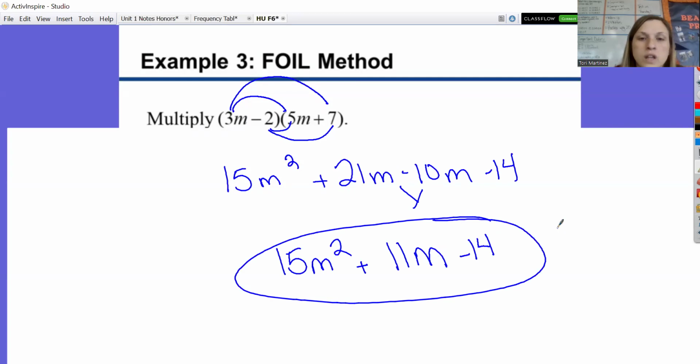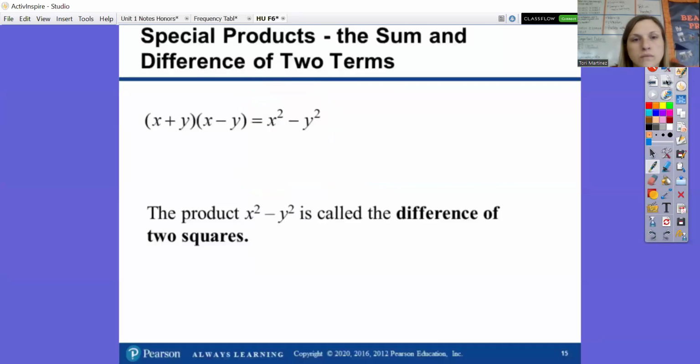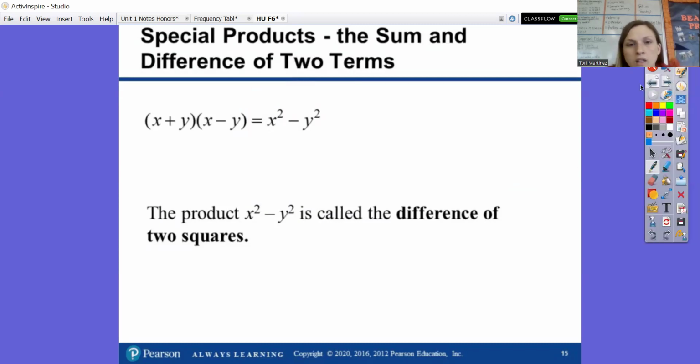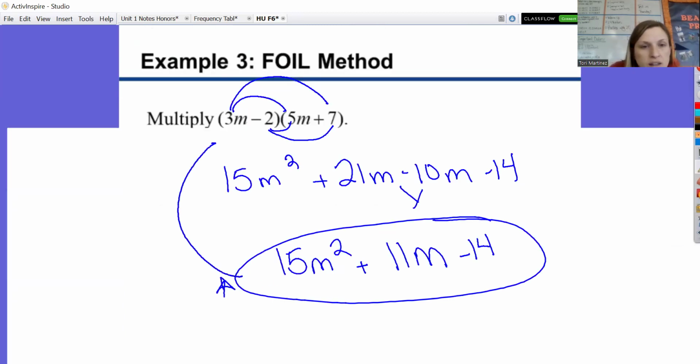If you did yours and you're unpausing the video, that's my answer. So obviously we can multiply polynomials, but how do I take this and turn it into this? Typically with multiplication, we talk about division, undoing multiplication.